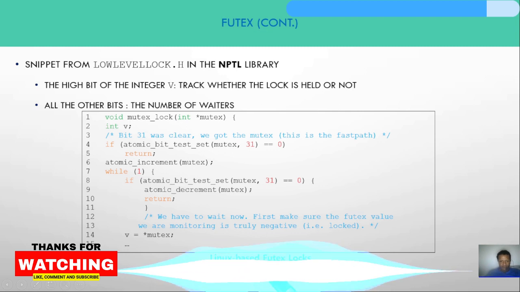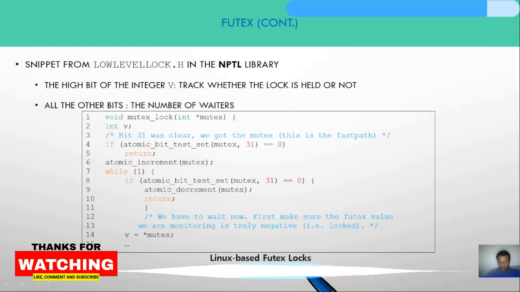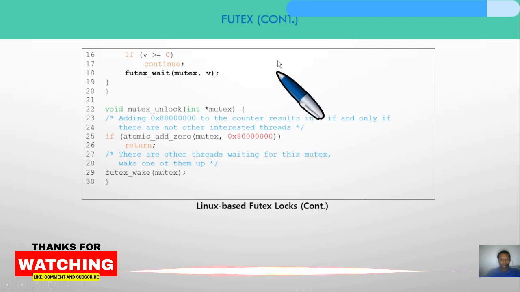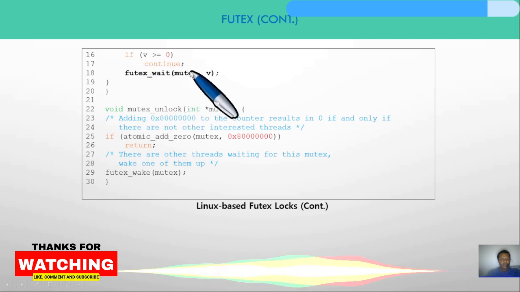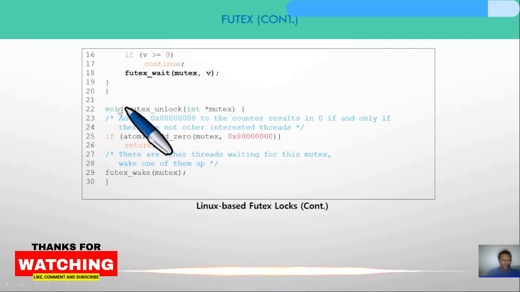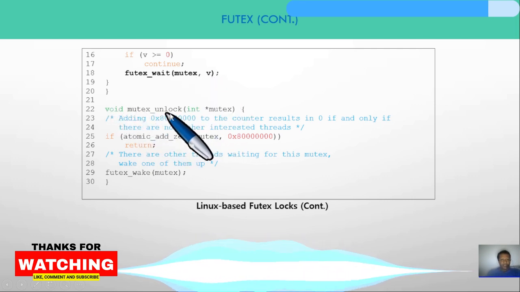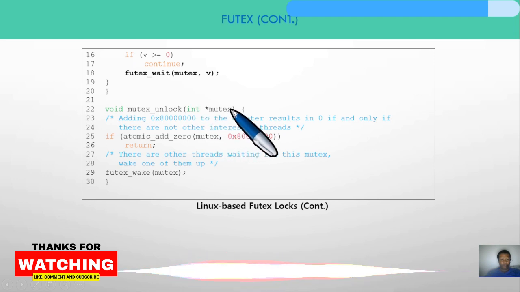So this is the Linux-based futex lock. It continues if v is greater than or equal to 0, then continue, and we have the futex_wait on mutex and v. Then void mutex_unlock, with an integer mutex.